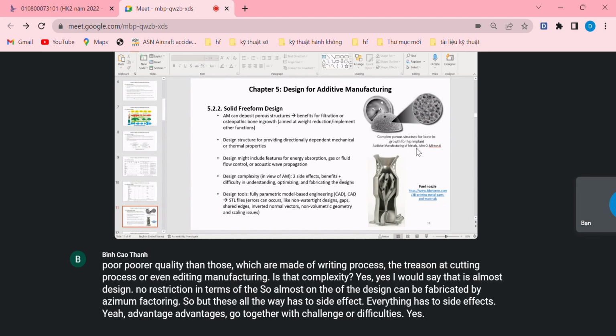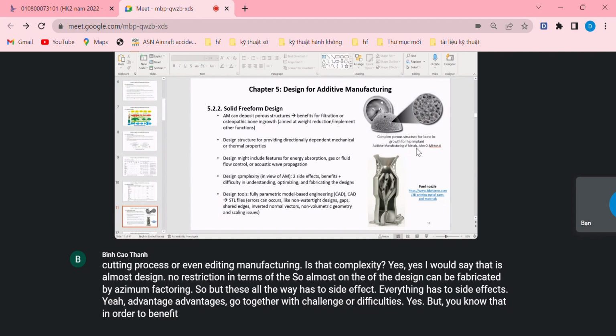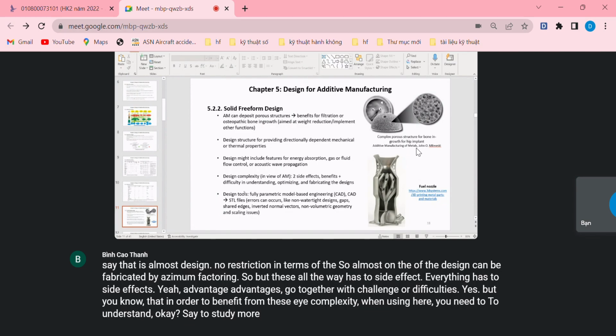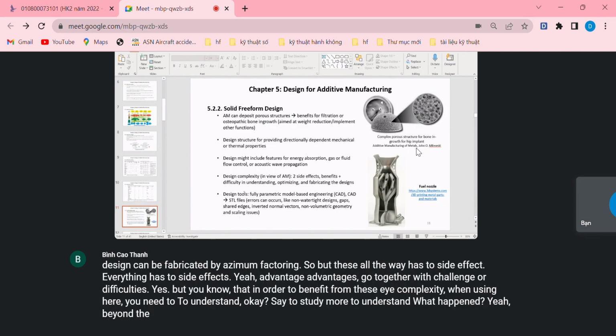In order to benefit from design complexity when using AM, you need to study more to understand what happens beyond the term additive manufacturing, such as design for additive manufacturing, optimization, and so on.